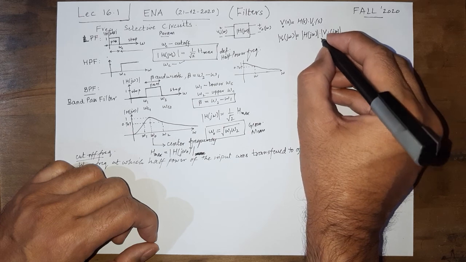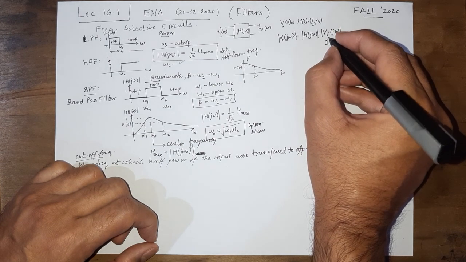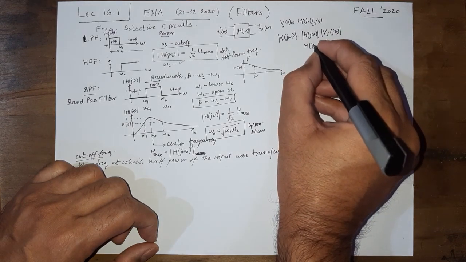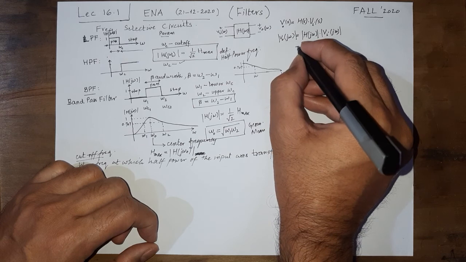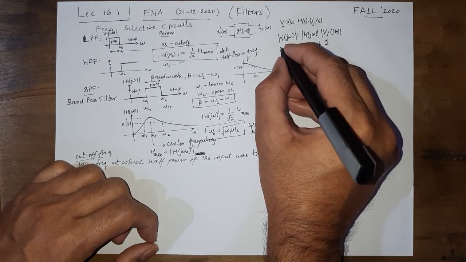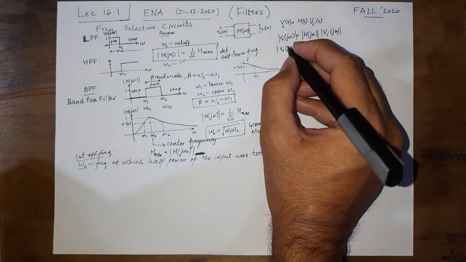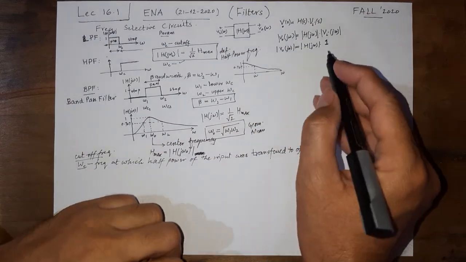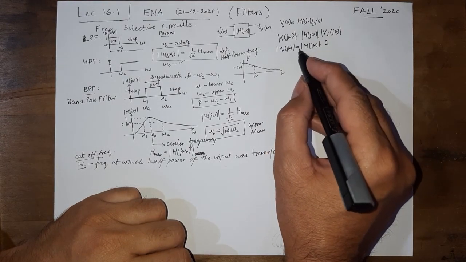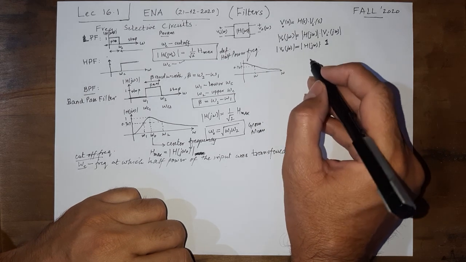If the input magnitude is 1, then H of j omega magnitude gets multiplied by this one, and we receive the output. So if the input voltage were 1, the output voltage would equal the magnitude of the transfer function.